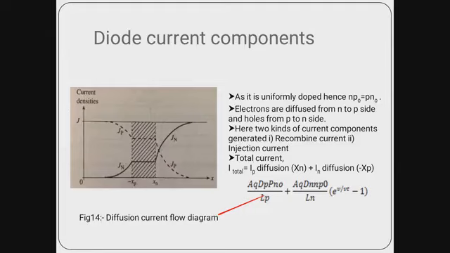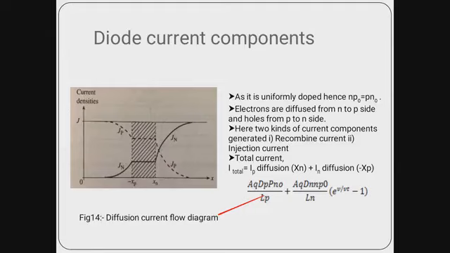So from this characteristic of diode current components, we have seen that there are basically two current components. One is the recombined electron current.